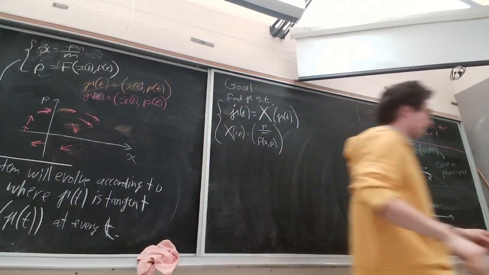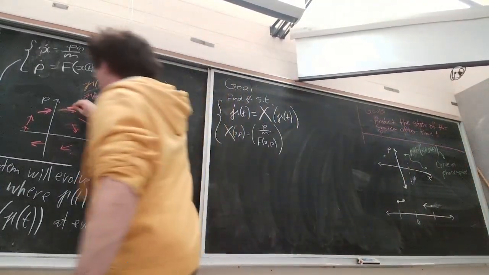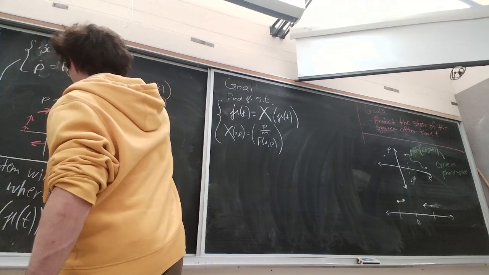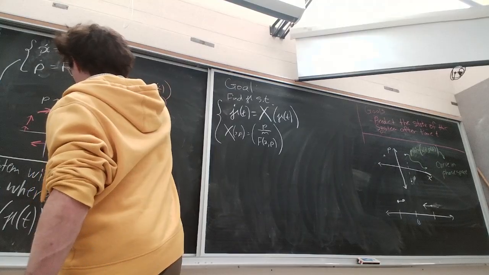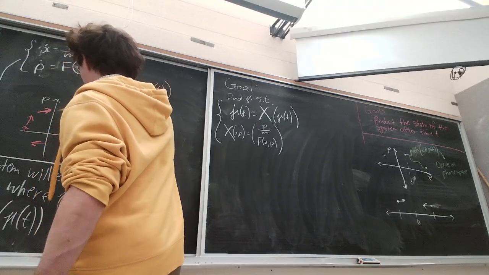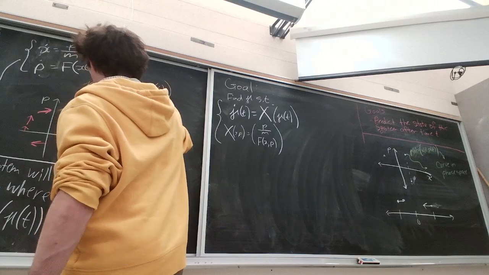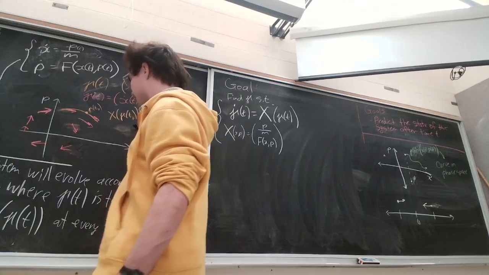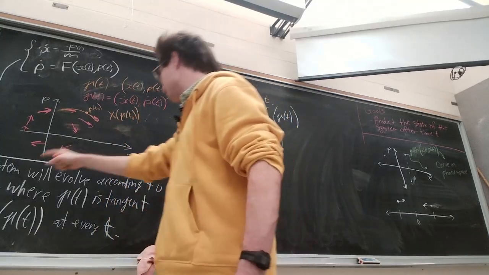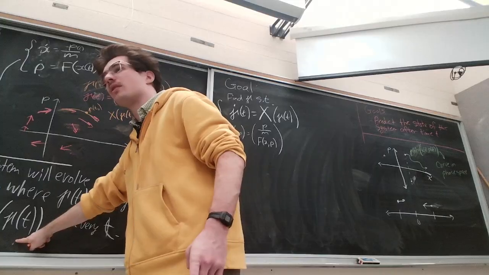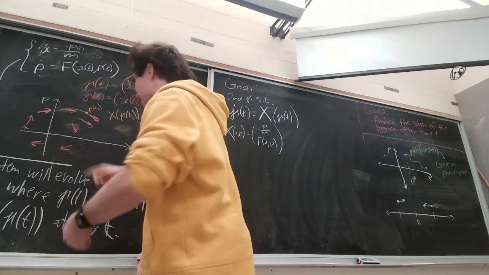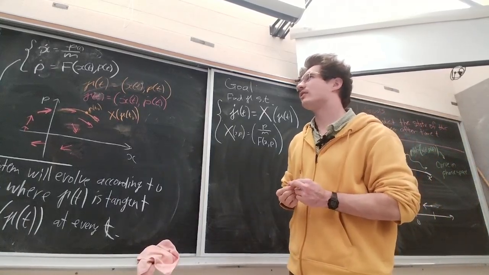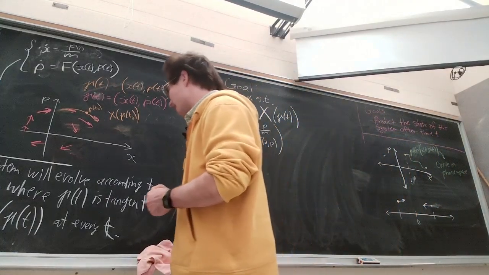So if my curve passes through this point, this point is gamma of t naught. Then its tangent vector has to be X of gamma of t naught. The system will evolve according to gamma dot, where gamma dot is tangent to the vector.